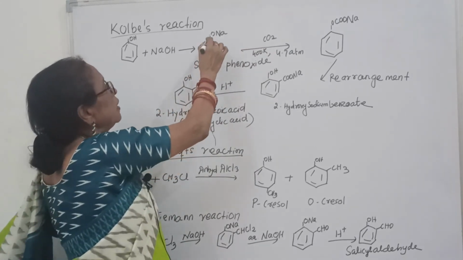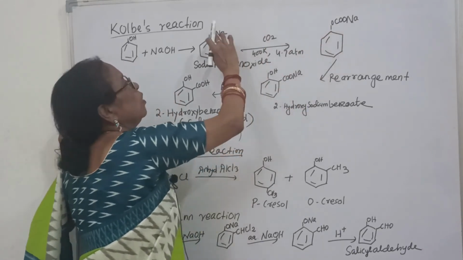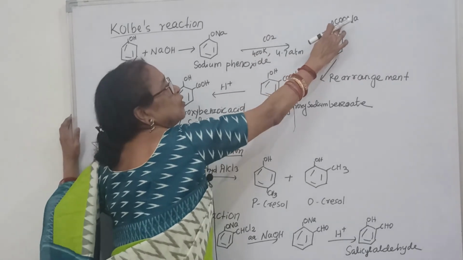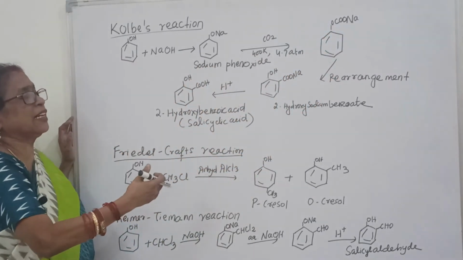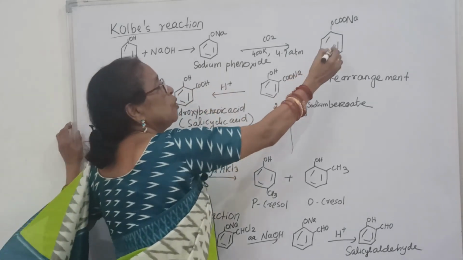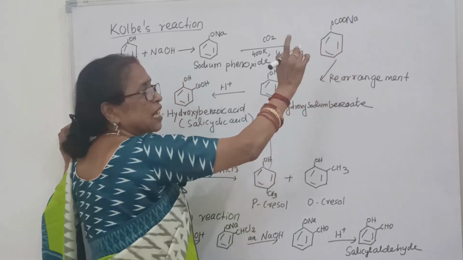And what happened here, it is arranged as OCOONa. O remains as it is, and CO2 is attached as COONa. And now it undergoes self rearrangement. Then what happens? You know, one H is there everywhere.